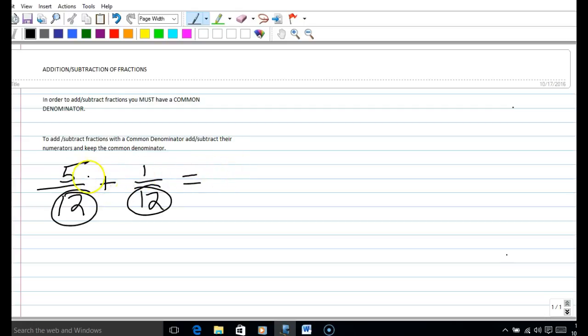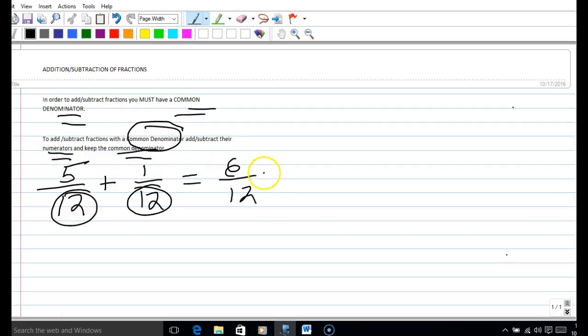So this is addition, so I'm going to add the 5 and 1, which gives me 6, and keep the common denominator, which is 12. So to add or subtract fractions, you must have a common denominator. If you have a common denominator, then you simply add or subtract their numerators and keep the common denominator.